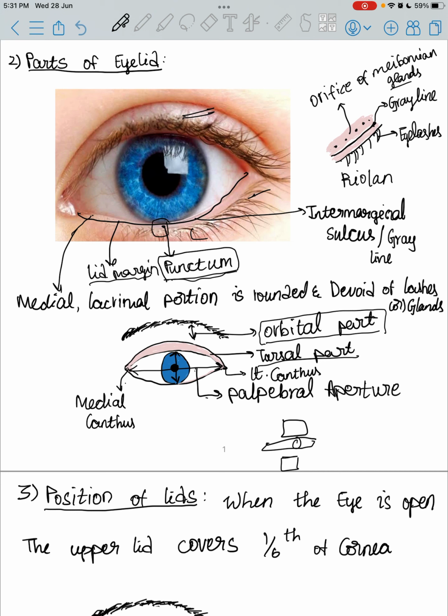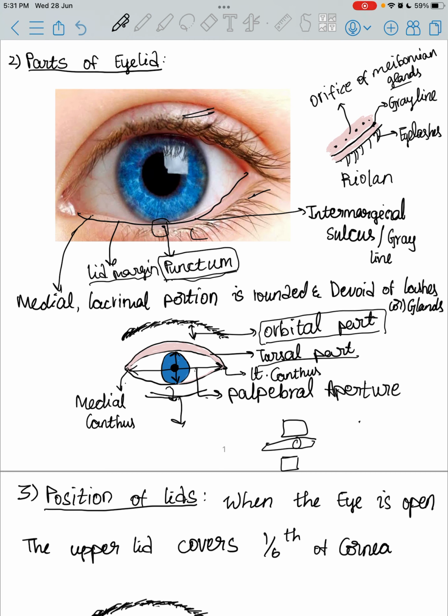We can view it by focusing a huge amount of light on the lower eyelid and pulling down the skin under the eyelid. If this is your eye, you have to pull the skin under it, then you can view the lid margin better.